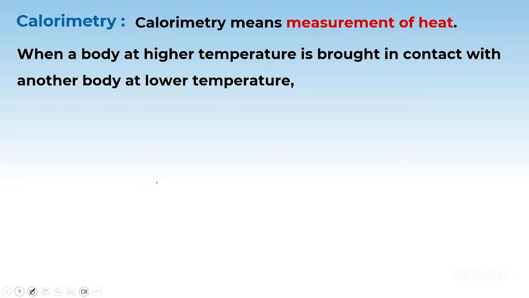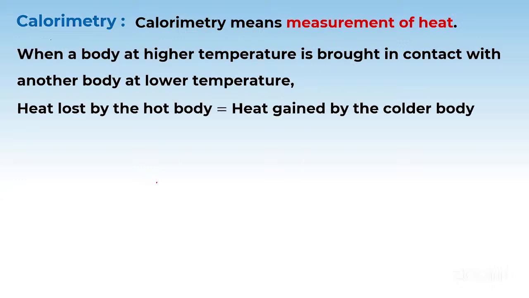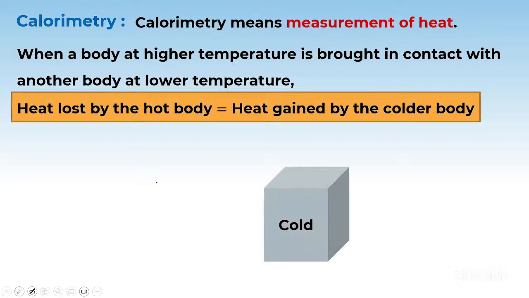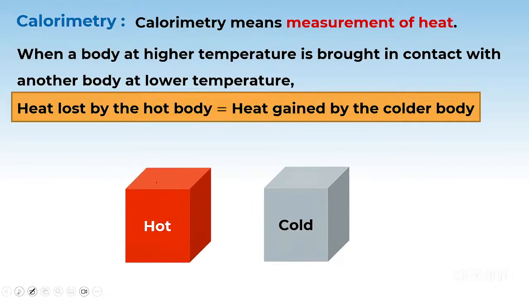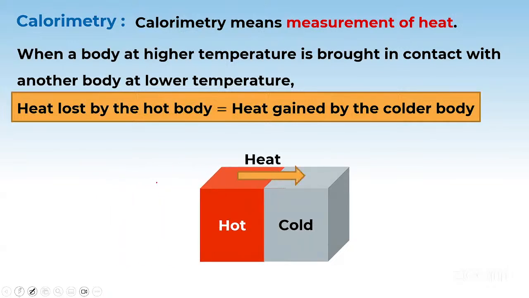Now, the principle of calorimetry says that whatever heat is lost by the hot body, if all the environmental conditions are the same, will be equal to the heat gained by the colder body. For example, let's say this is a cold body and this is the hot body. Now we have attached this hot body to the cold body.